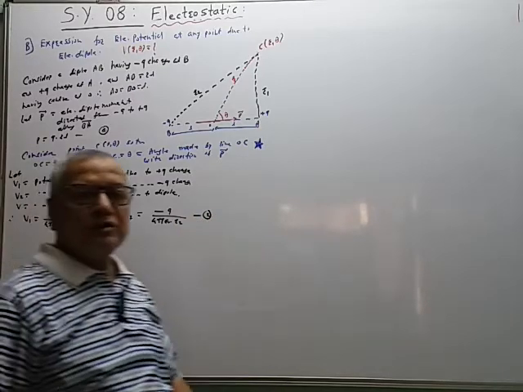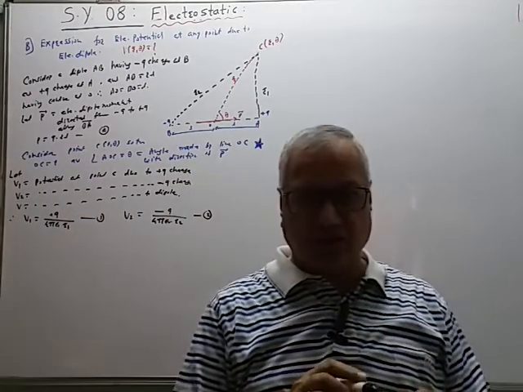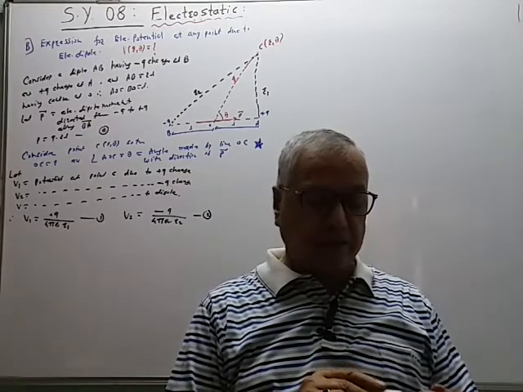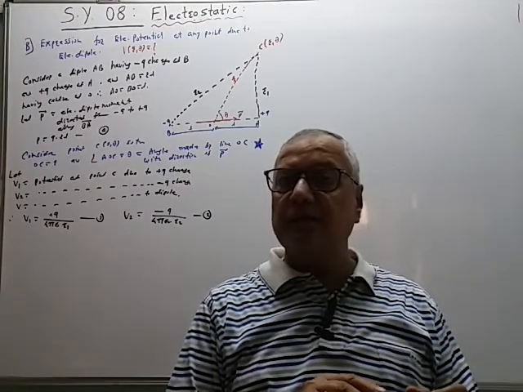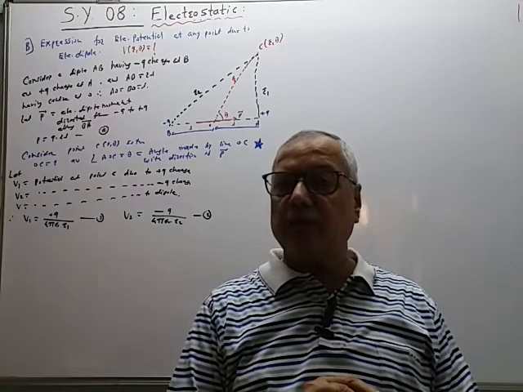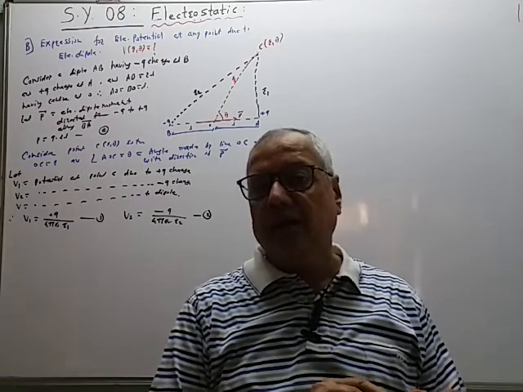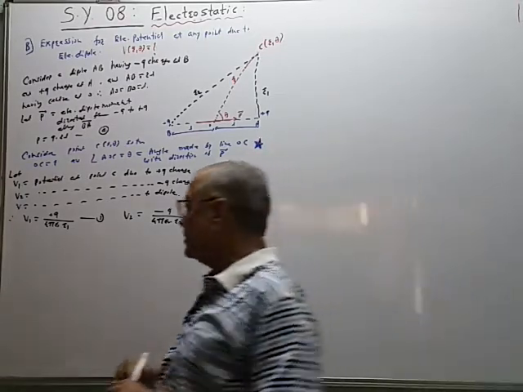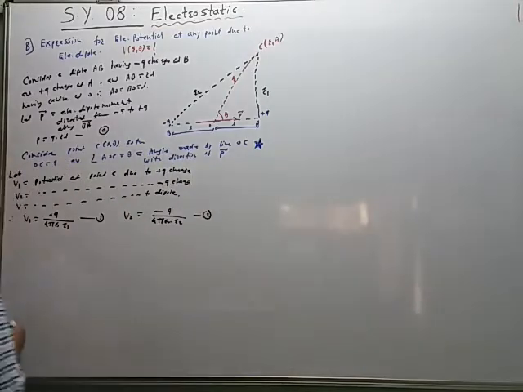Now we know that potential is work done per unit positive charge. Charge is a scalar quantity, work is also a scalar quantity, therefore potential is also a scalar quantity.